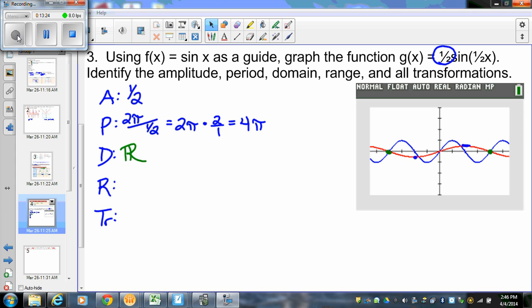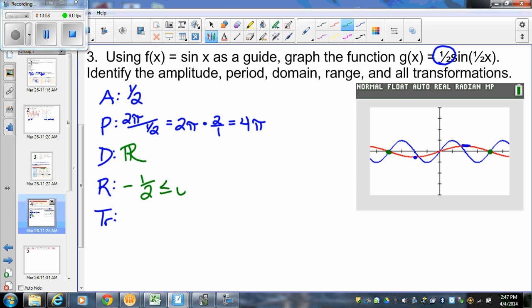And so our range that had been from negative 1 to positive 1, because we have a vertical compression of 1/2, that makes our range become between negative 1/2 and positive 1/2. So we can write that as negative 1/2 is less than or equal to y is less than or equal to positive 1/2. That could be one of multiple ways that you could write that.